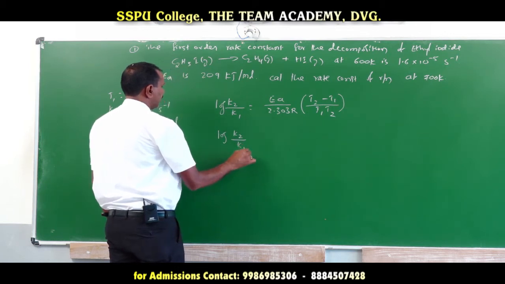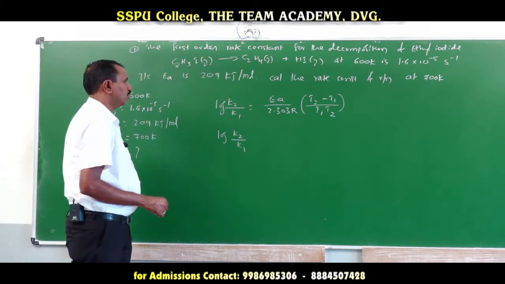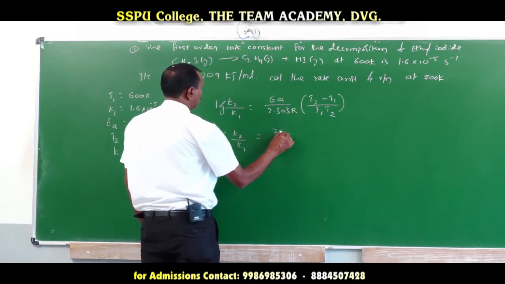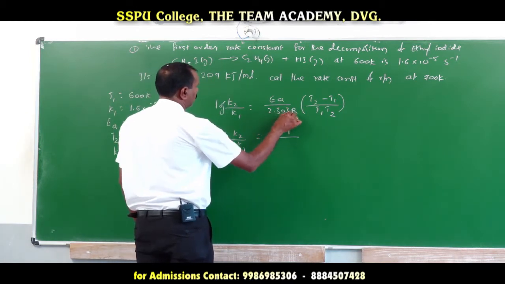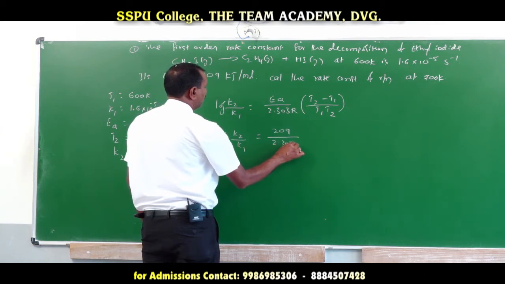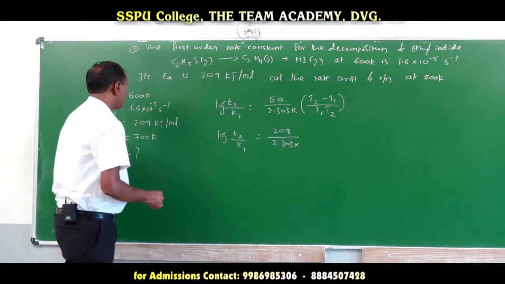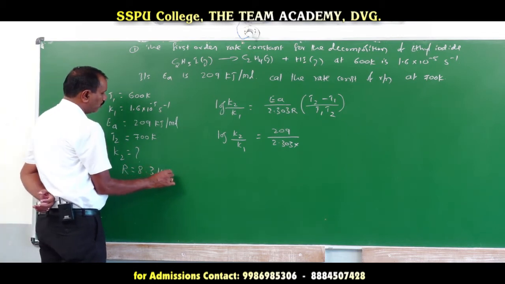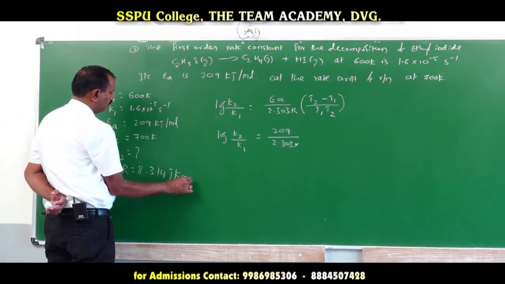We take log K2 by K1 equals Ea, which is 209 kilojoule, divided by 2.303 R. The value of R is 8.314 joule per Kelvin per mole.